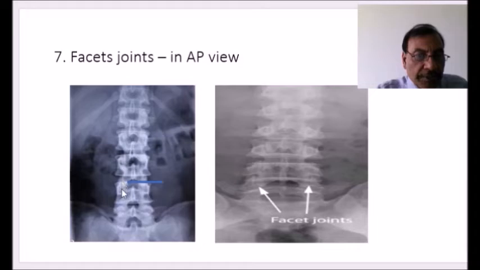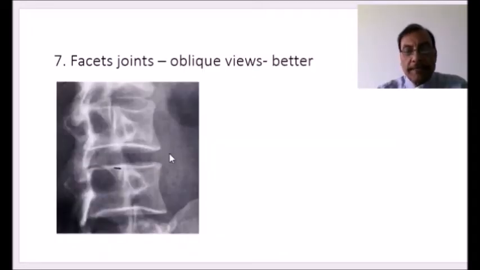Here is the facet joint. If you look intently and carefully, you will know it. And see here, facet joint, facet joint, facet joint. But most of the time, oblique views give a very clear picture of the facet joint. So here, in the oblique view, see the facet joints more clearly.